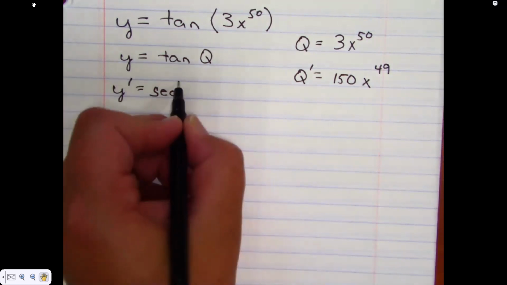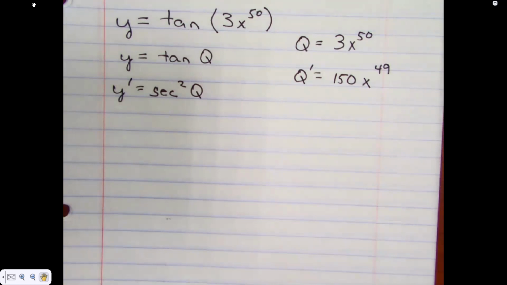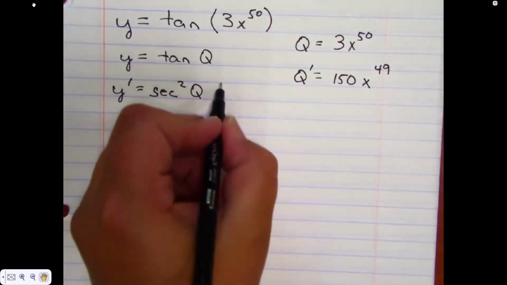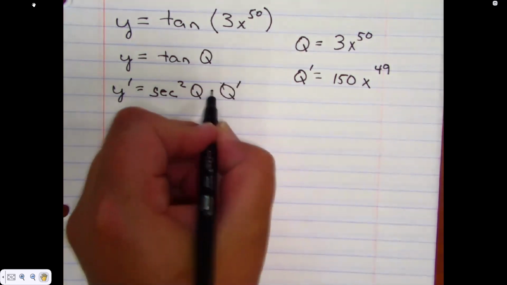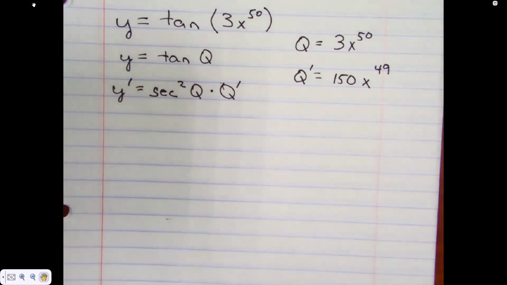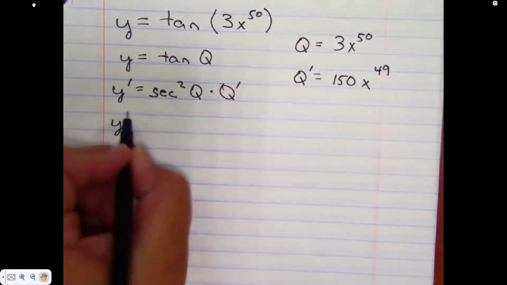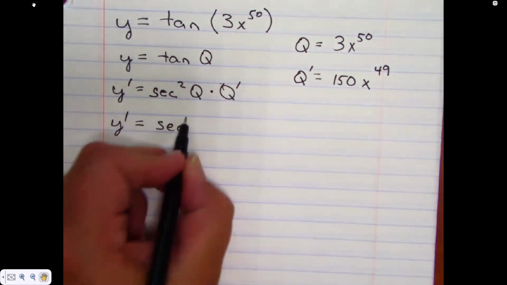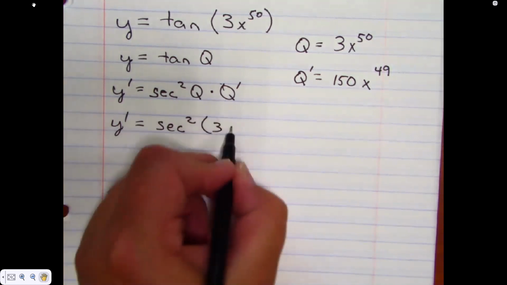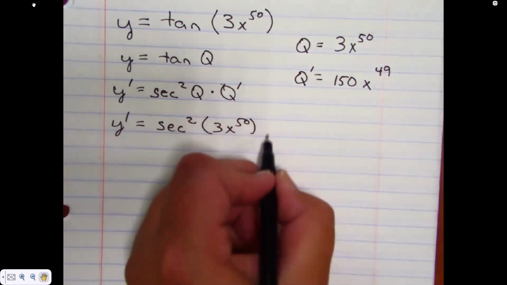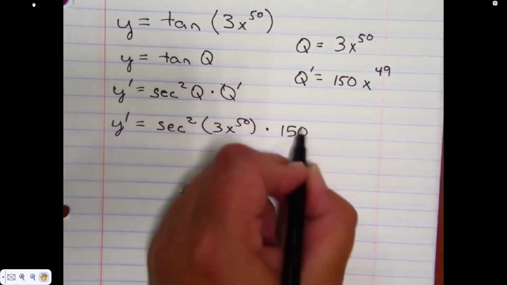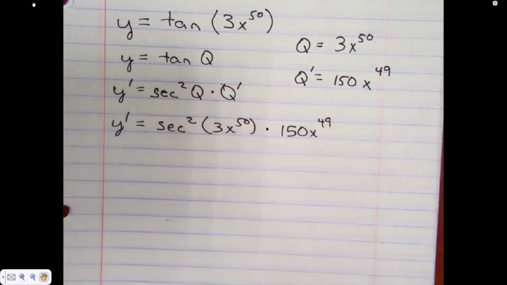Secant squared. And then times the derivative of q. Okay, so the derivative is secant squared of q, which was the 3x to the 50th, and then times the derivative, 150x to the 49th.